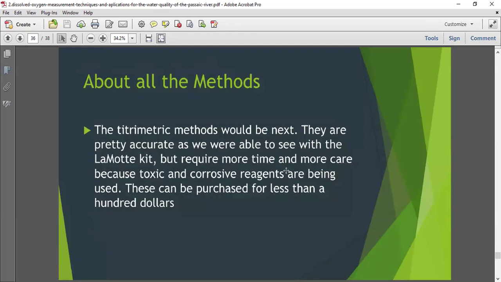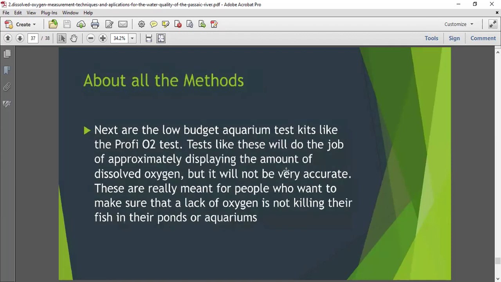About all the methods, titration methods would be next. They are pretty accurate, as we were able to see with the lab kit.